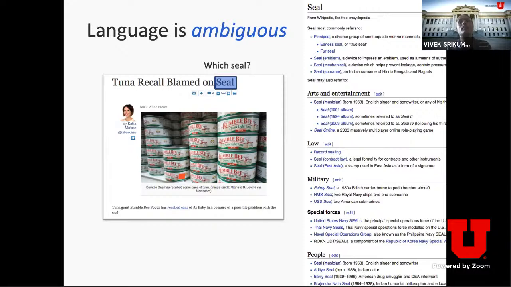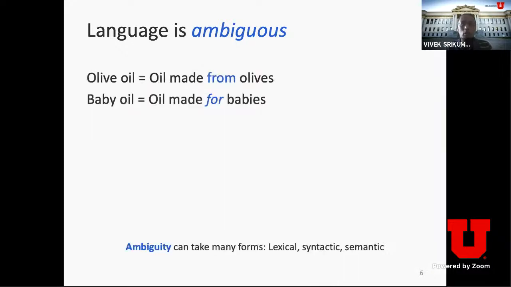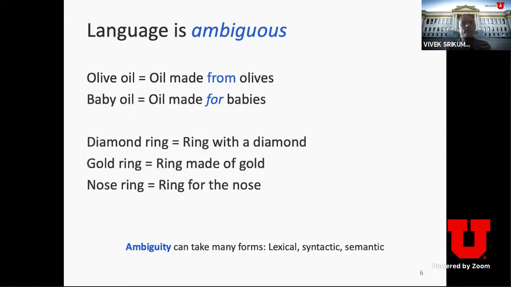But we routinely use this kind of ambiguous language. When I say olive oil, I mean oil made from olives, and baby oil is oil for babies, not from babies. An easy mistake to make, but an important one. A diamond ring is a ring with a diamond. A gold ring is a ring made of gold.